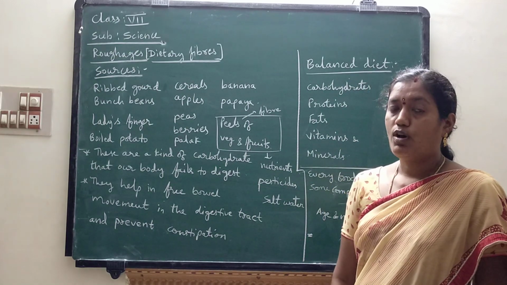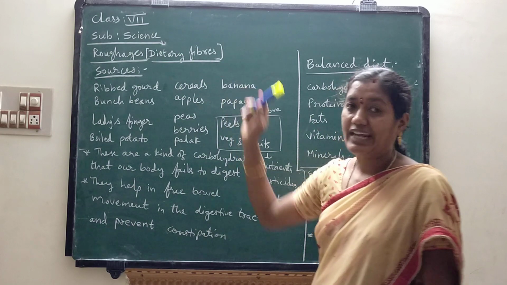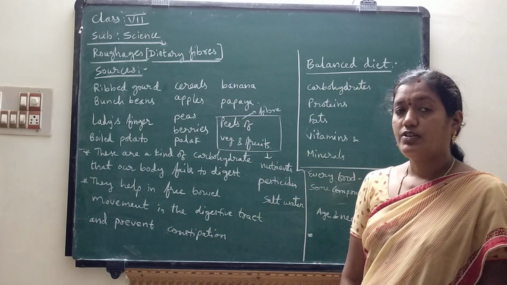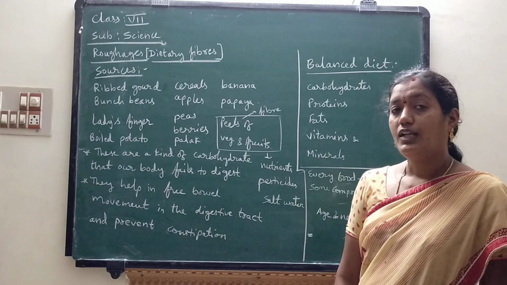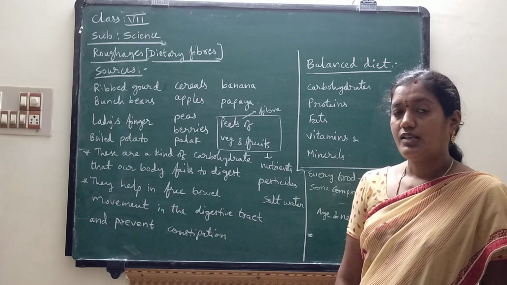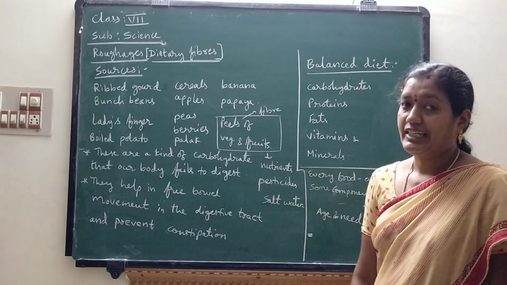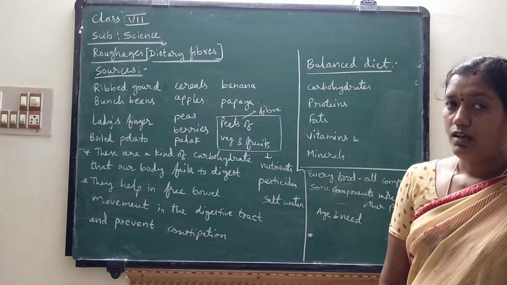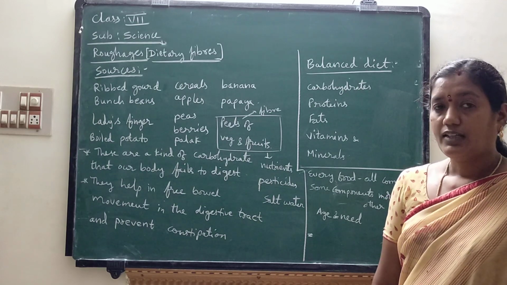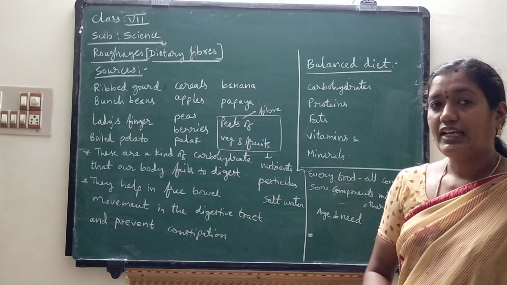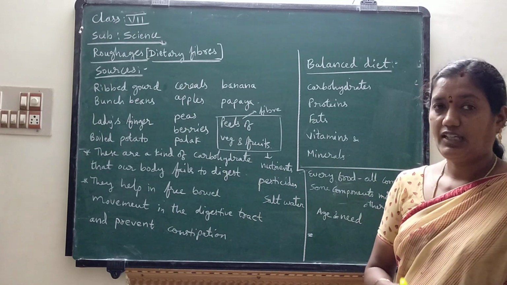The other name of roughages is dietary fibers. Children, fibers are the substances present in your food like threads. Suppose we eat some food items like lady's finger or some fruits like oranges, then some thread-like pieces will stick in our teeth.